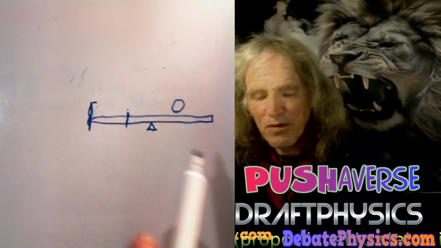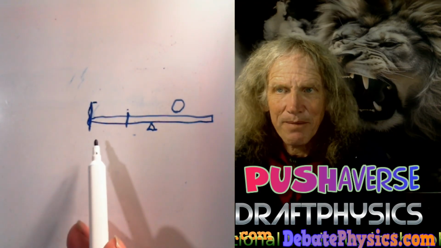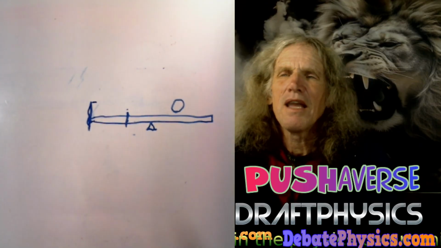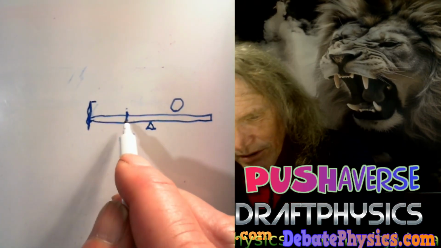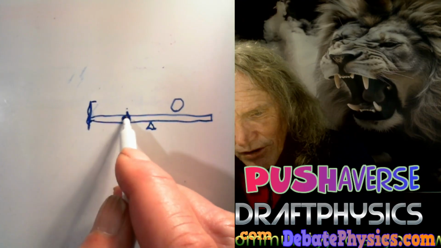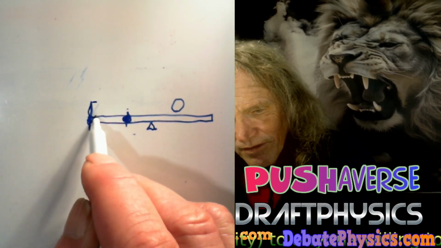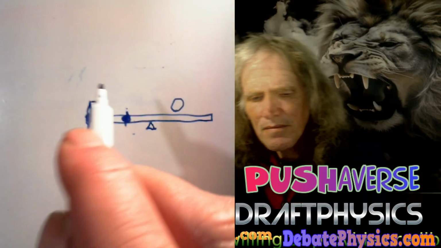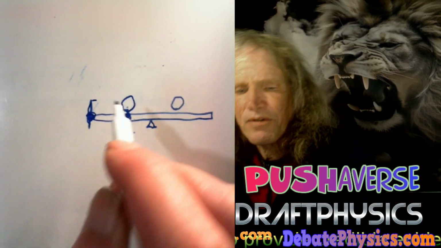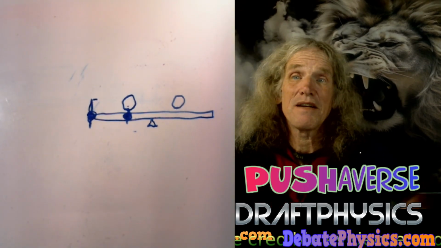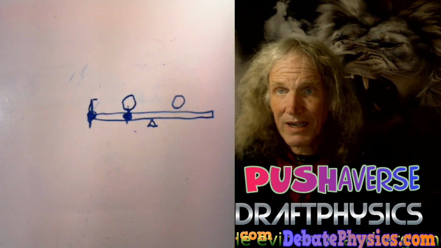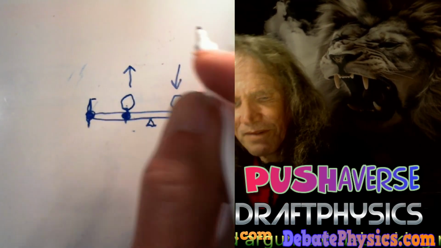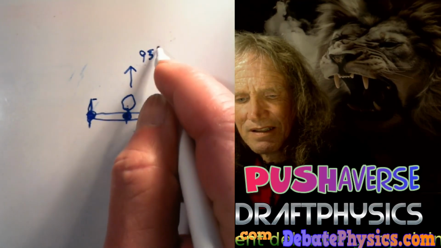So if they move, they have to move in the same amount of time. So obviously this always has to be twice the velocity that you're going to have here, even without a mass. You know that this piece of the lever is going to move 1v, and this piece of the lever is going to move 2v, no matter what's on the lever. And so obviously the sensible thing you can do, in spite of their vector nonsense that somehow direction matters, is put energy in this direction and get almost all of it back here, 95%, let's say.